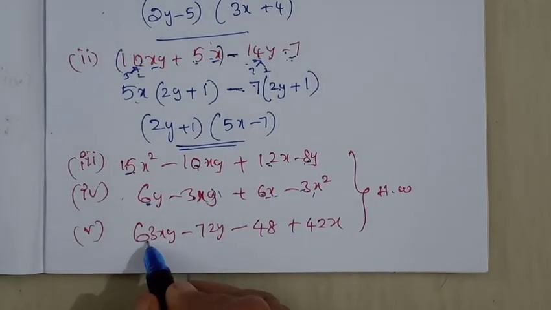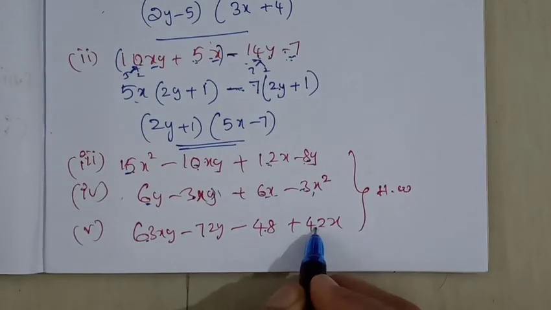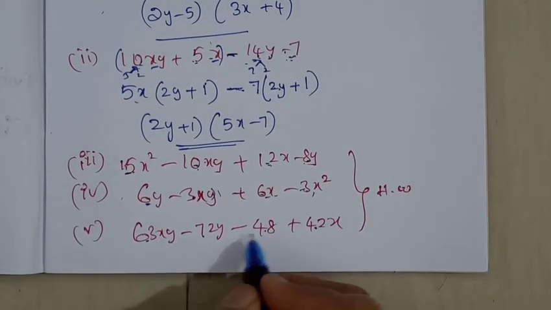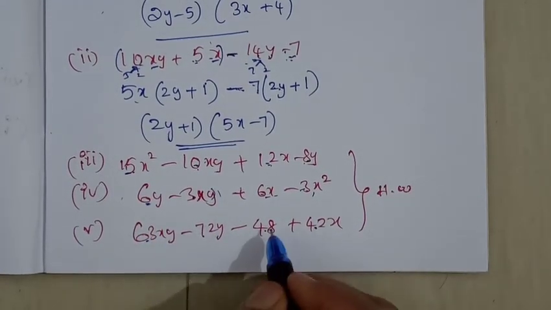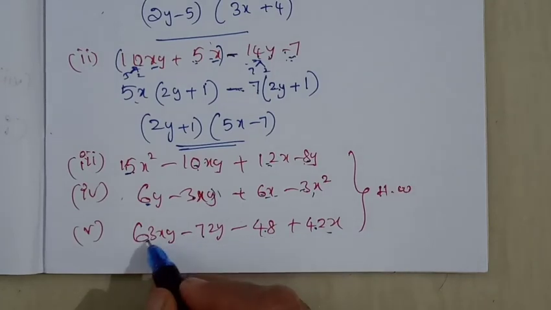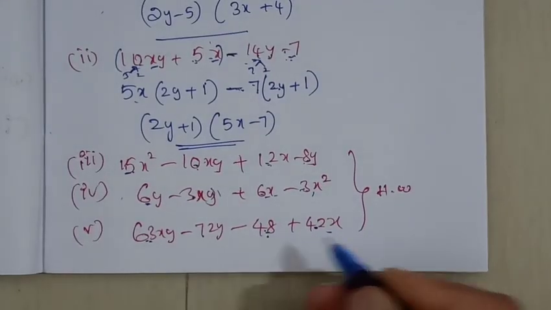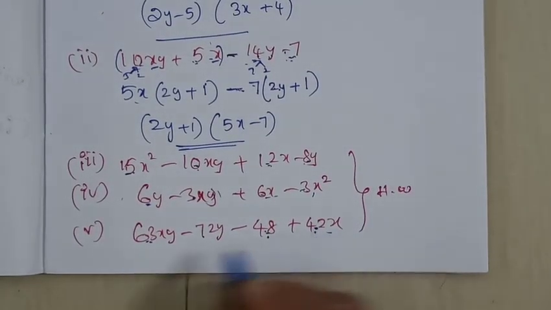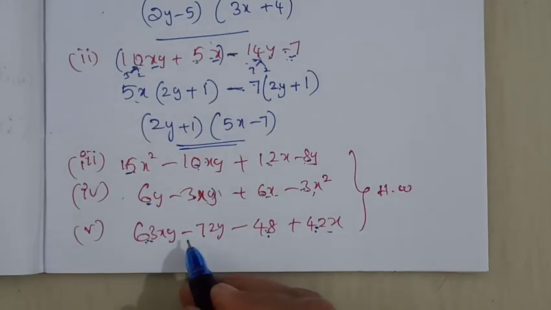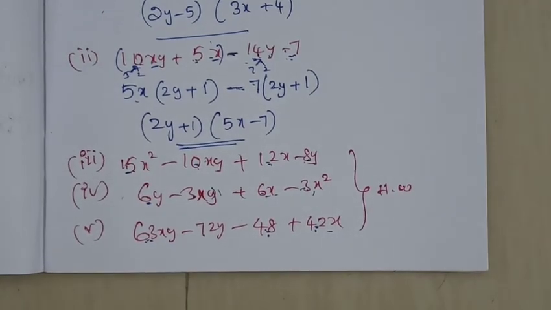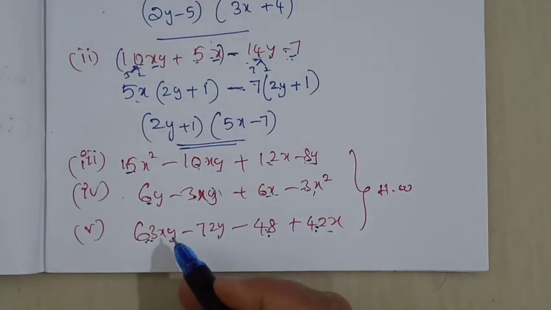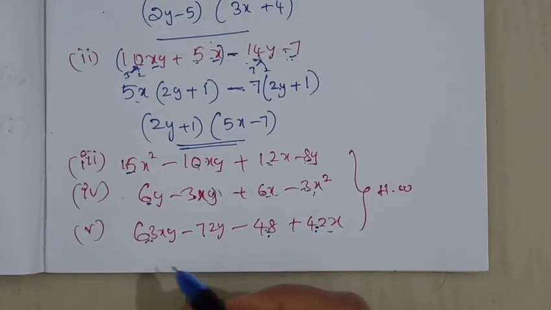So making group of first two terms and third and fourth terms, we can go with the 9, and this is 6. Whatever is convenient for you, make them as group and take out the common and factorize.